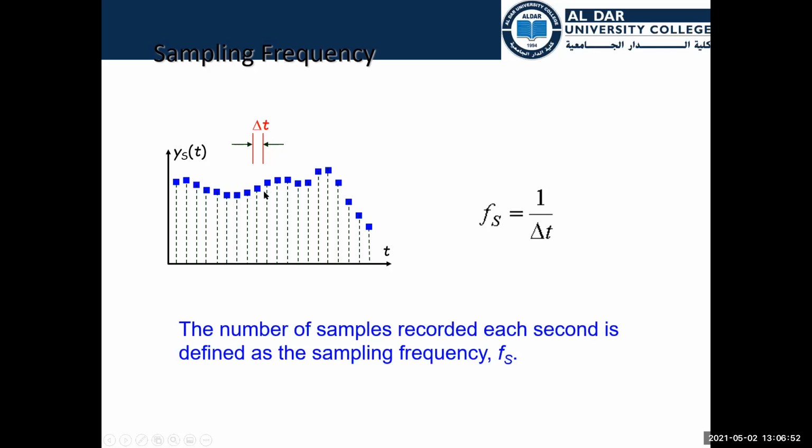The sampling frequency is how many samples we can make in 1 second. This is the real meaning of the sampling frequency.